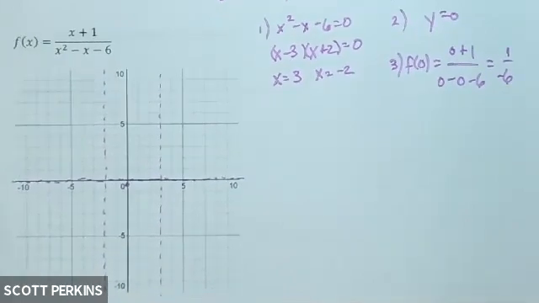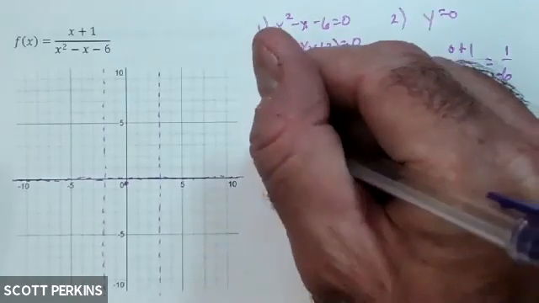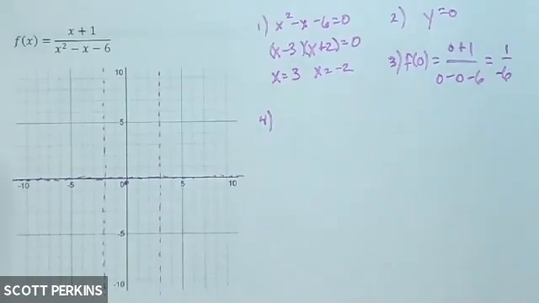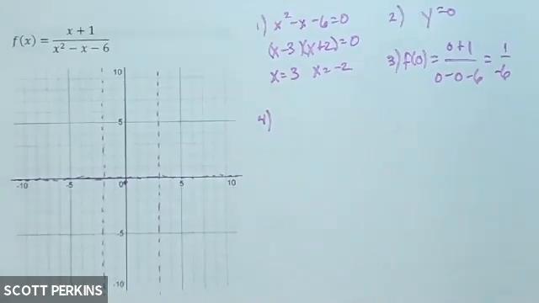The next thing, okay, again, I know we're getting into a little bit of uncharted territory because this function is slightly different than the ones on the previous page, but we're going to make the best of it and learn as we go. So what I would like you to do is figure out what the x-intercept is by setting this equal to 0 and figuring out where it goes through the x-axis.